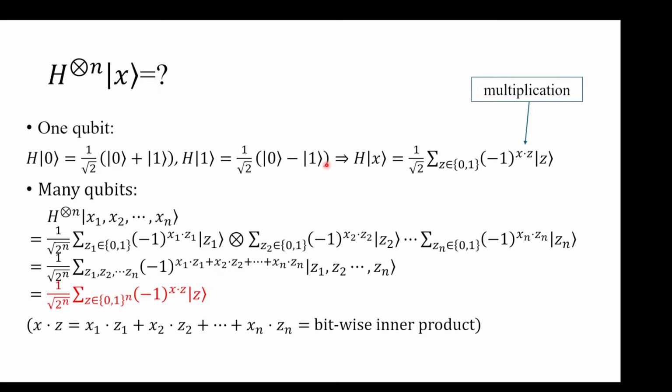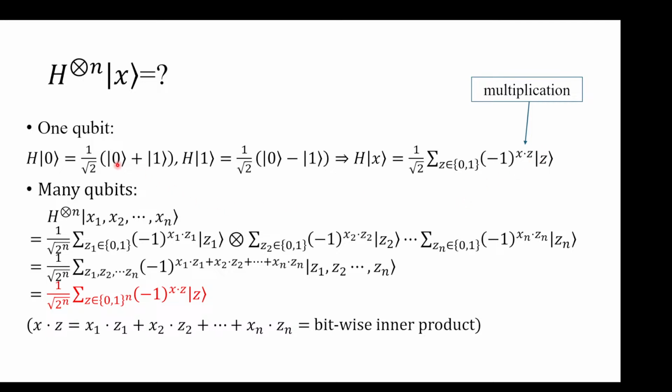So that's nice, but actually we can write those two things in a very clean algebraic notation. That is, Hadamard on x is always 1 over square root 2, 0 plus 1, a summation over 0 and 1, but with different phases here. The different phase is (-1) to the x times z.